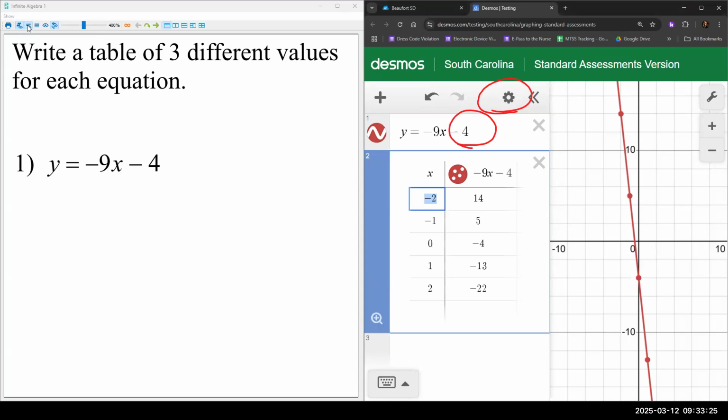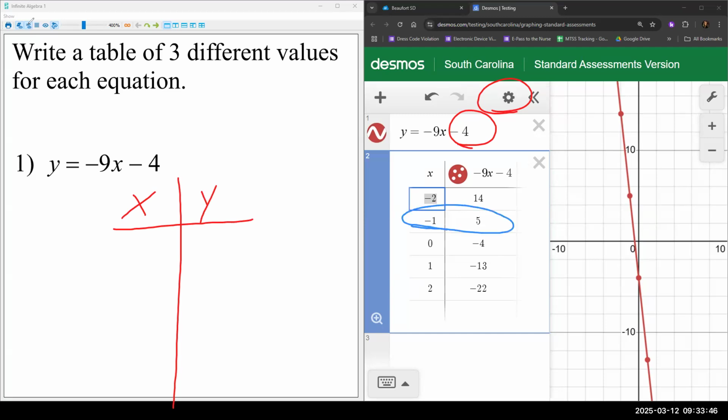How many do I need? 3. So on top of instructions says we need 3. So I can leave off 2 of them. It doesn't matter which ones I put. I'm just going to do the very first ones on the list. X, Y. Okay. I'll pick some random ones.